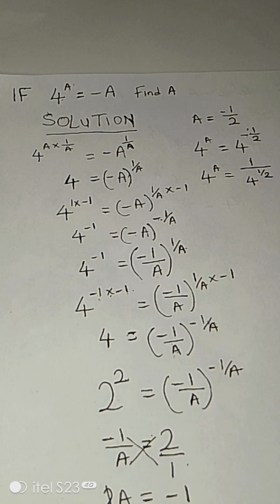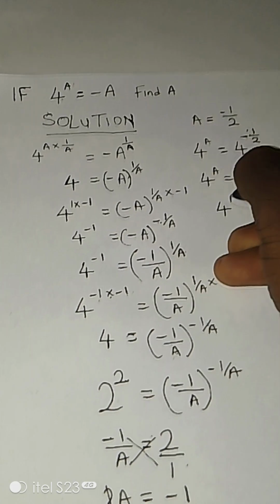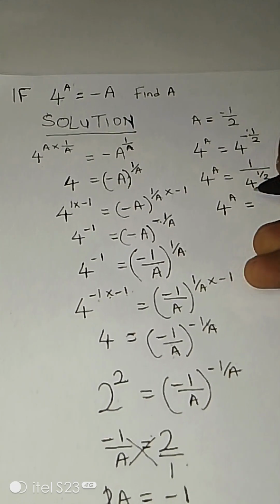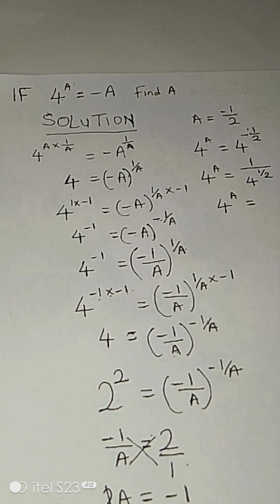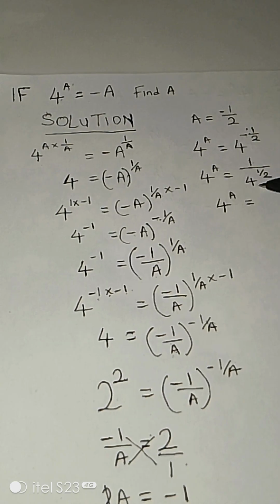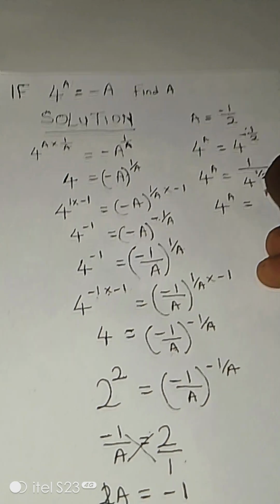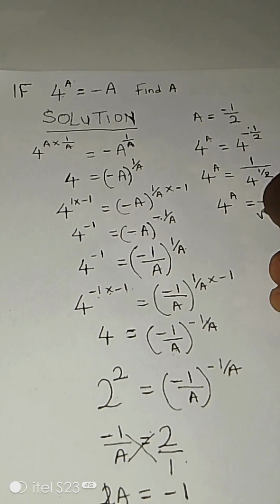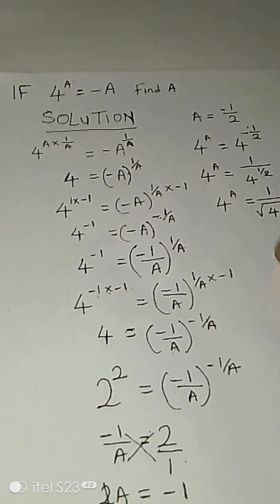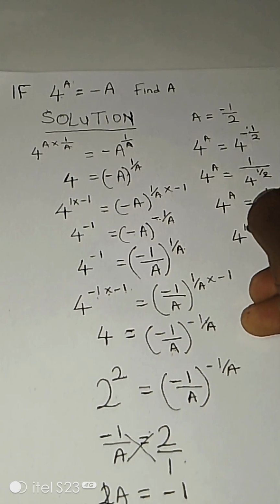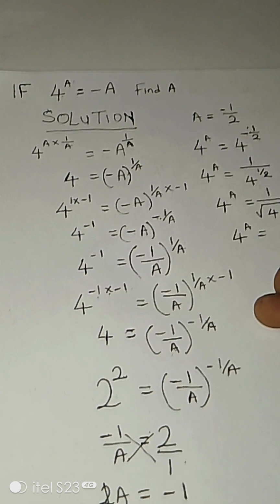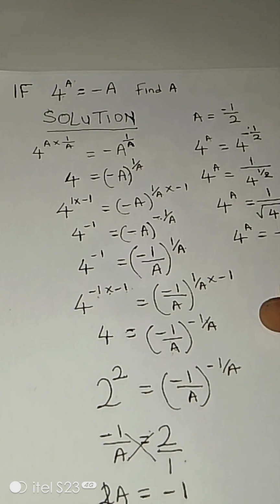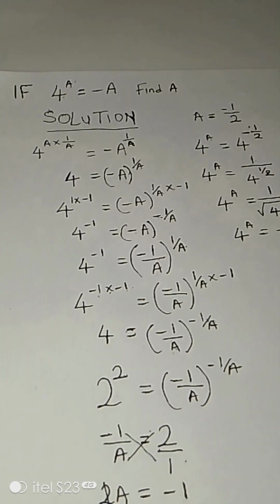Now, 4 raised to power a will now be what? What is 4 raised to power half? Raised to power half means square root. Square root of 4. Meaning 4 raised to power a will now be 1 over the square root of 4.